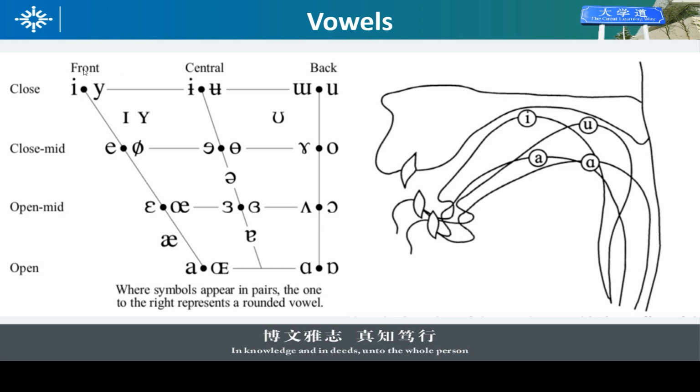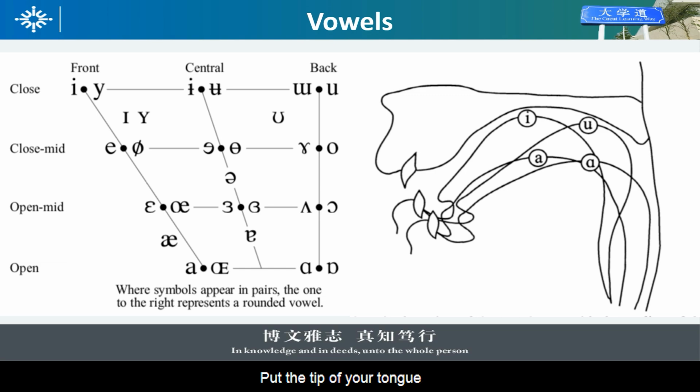For example, for the front vowels, which means you put your tongue in front, usually you put the tip of the tongue to touch your lower teeth.